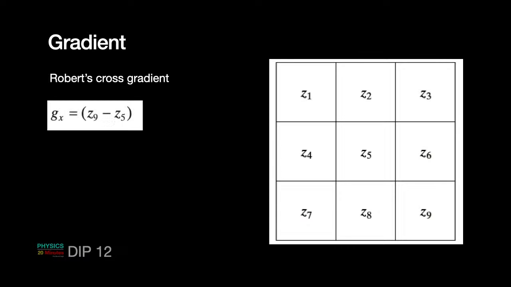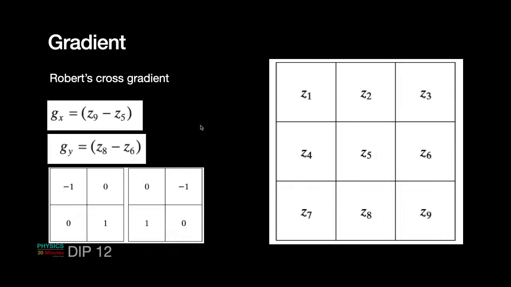When you talk about cross gradients, you say subtract z5 from z9 or subtract z1 from z5. That will give you cross gradients. This direction is one way to calculate the cross gradient, and this direction is another way. So z8 minus z6 or z5 minus z3.